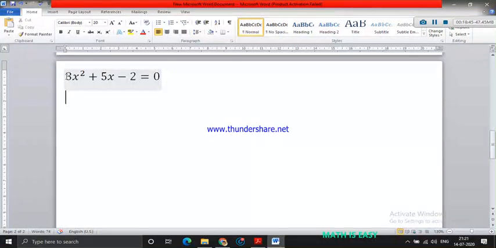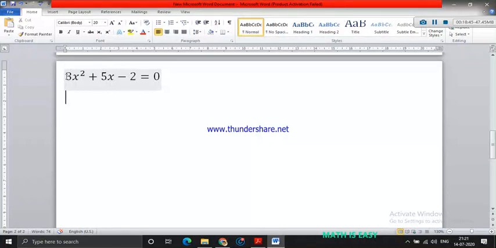This also will be minus 2. Now one thing you can observe here, alpha plus beta value I am ending with minus 5 by 3 and minus b by a value is also minus 5 by 3, and alpha into beta value is minus 2 by 3 and c by a value is also minus 2 by 3.